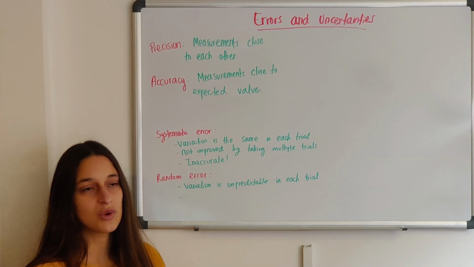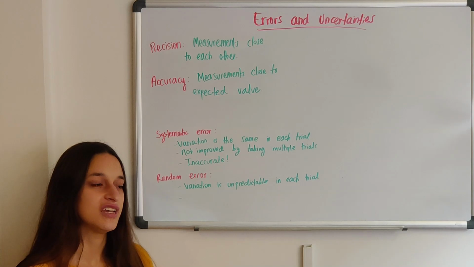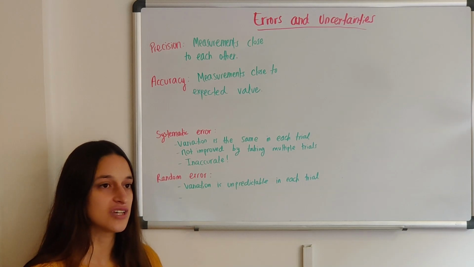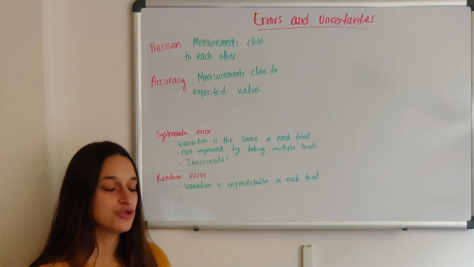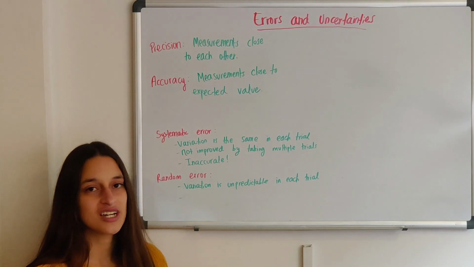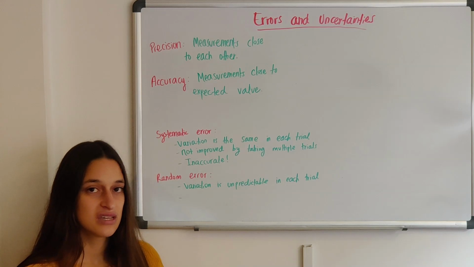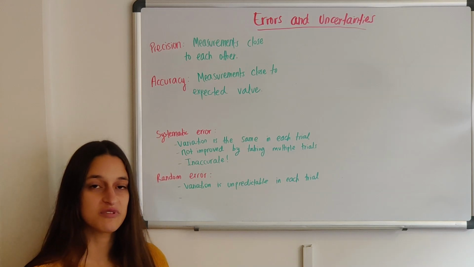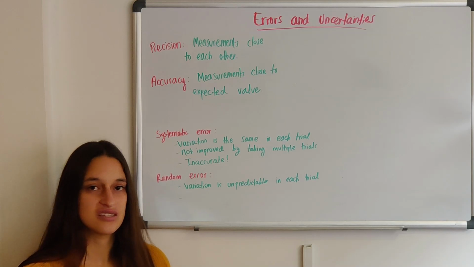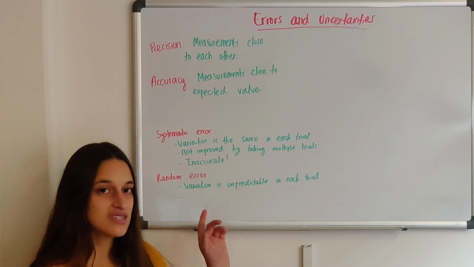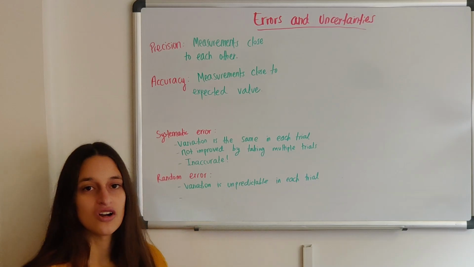Because if you only take one trial, you don't know if the data that you took is higher or lower than the average. However, if you take the same measurement 20 times, then some of them will be too high, some of them will be too low, and on average, they will cancel each other out until they get to the expected value. So in this case, multiple trials are an improvement.